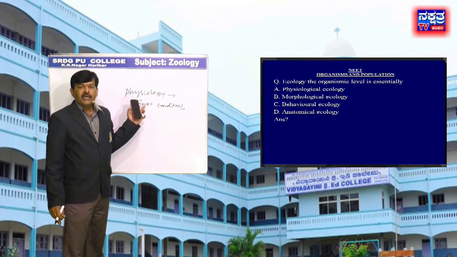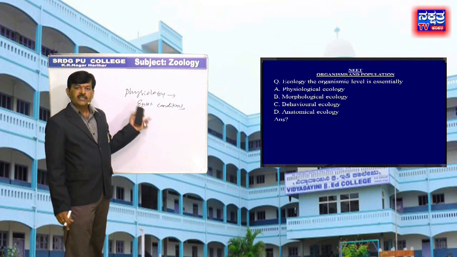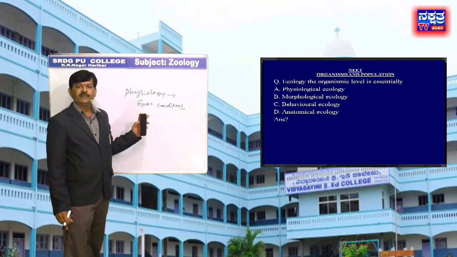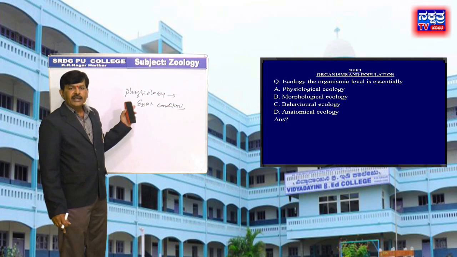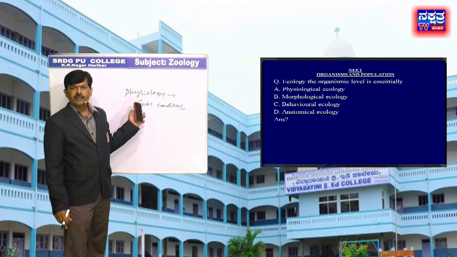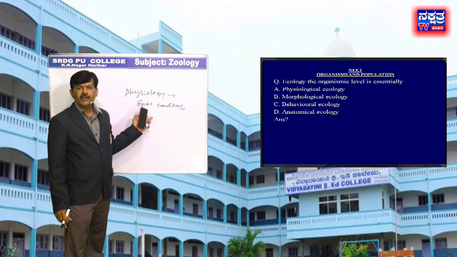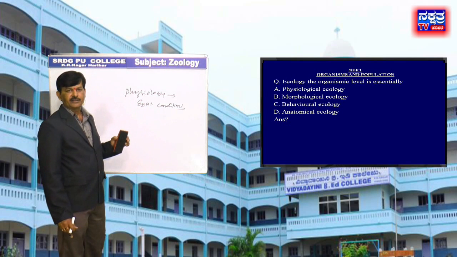But ecological morphology is also called ecomorphology. It is a study of the interrelationship between the ecological role of an individual and its morphological adaptations.